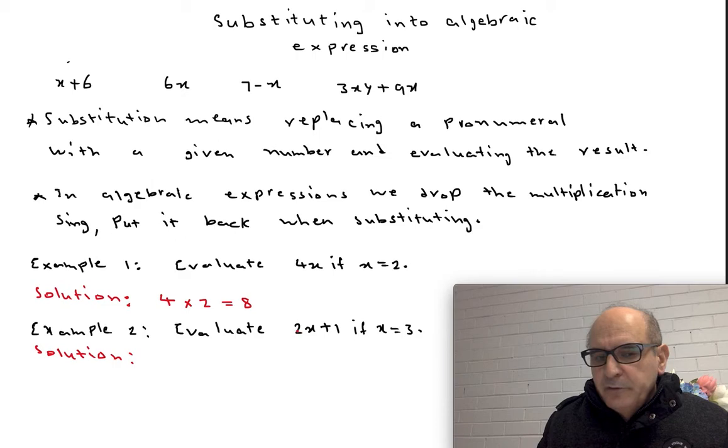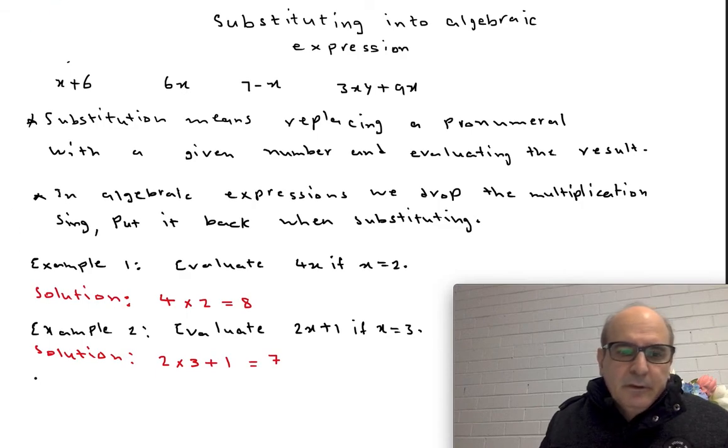There is a times between 2 and x. And remember, x is 3. So it's going to be 2 times 3, because we want to have 3 for x. Then the rest, plus 1. Then you need to follow the order of operations always. So 2 times 3 is 6, plus 1, 7. That is our answer.